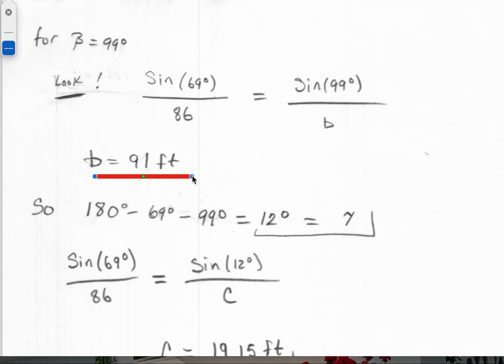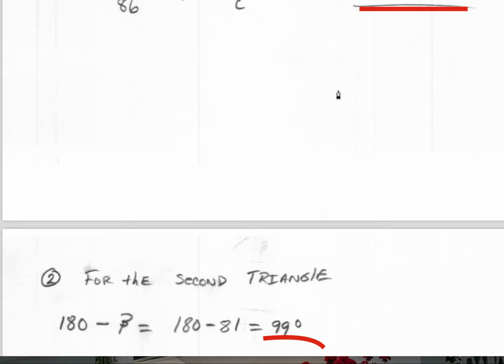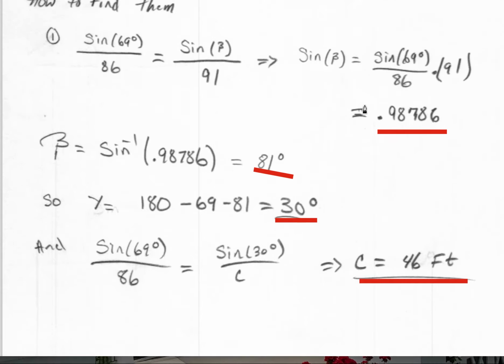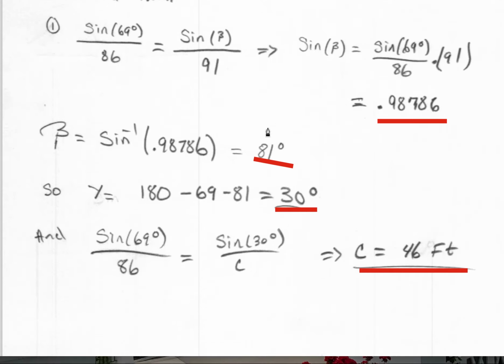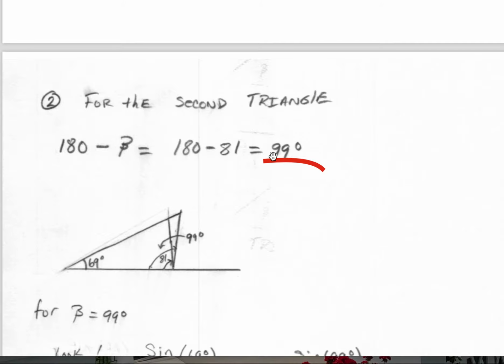So there are two angles that satisfy that equation. The first is 99, and the second is 81. Both of them satisfy it just fine. So we found both betas.